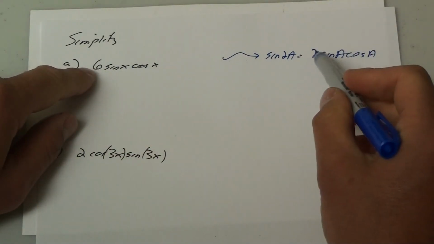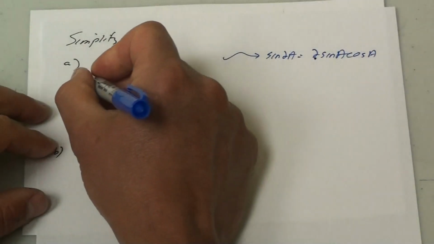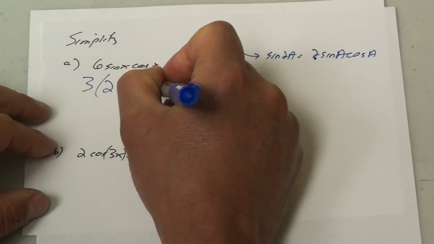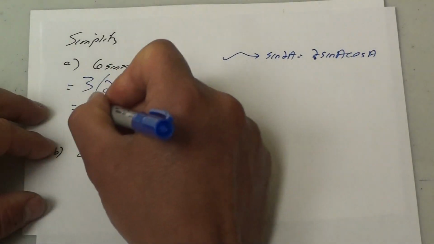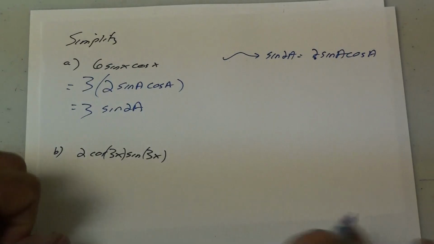You have a 6 instead of a 2. So that means that is 3 times your double angle formula. So it's 3 times the sine 2a.